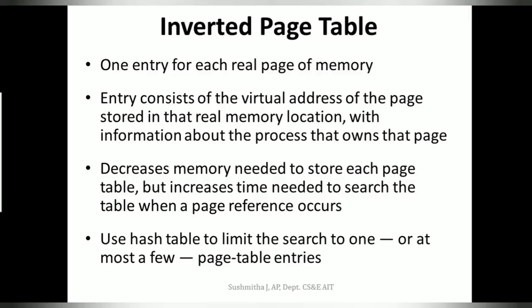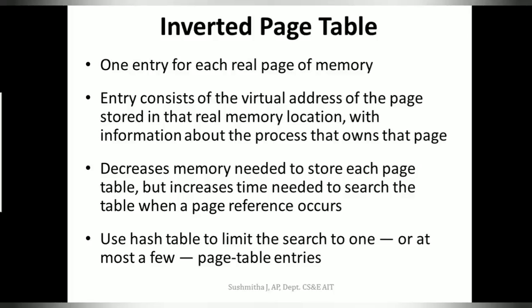Now, the process that is executing should be in main memory, and the process page table should also be in main memory. If the process size is very large, eventually the page table size is also very large. So this was not an ideal solution. The alternative that was proposed is the inverted page table.